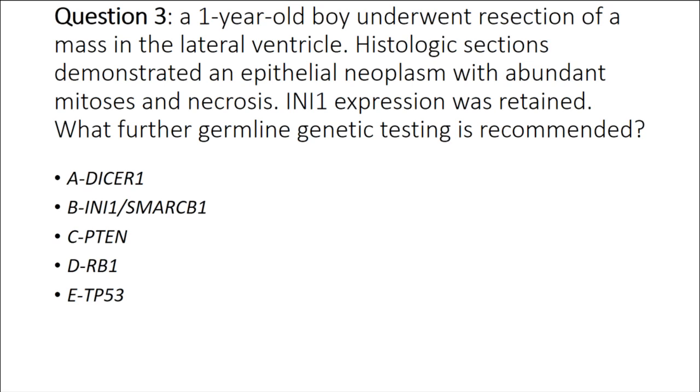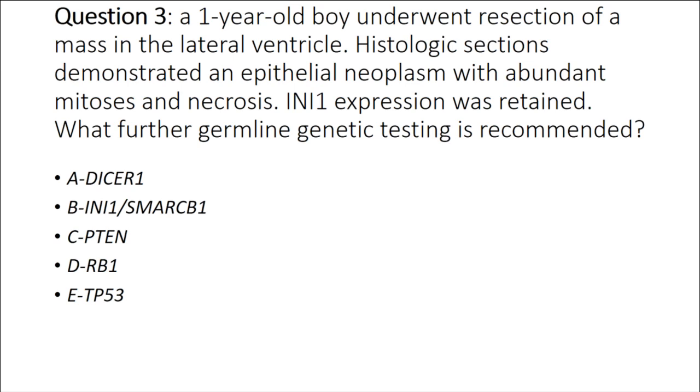I see people calling it RB1, that is D. Let's wait for a couple more. TP53 is also chosen. There is more of E, that is P53.